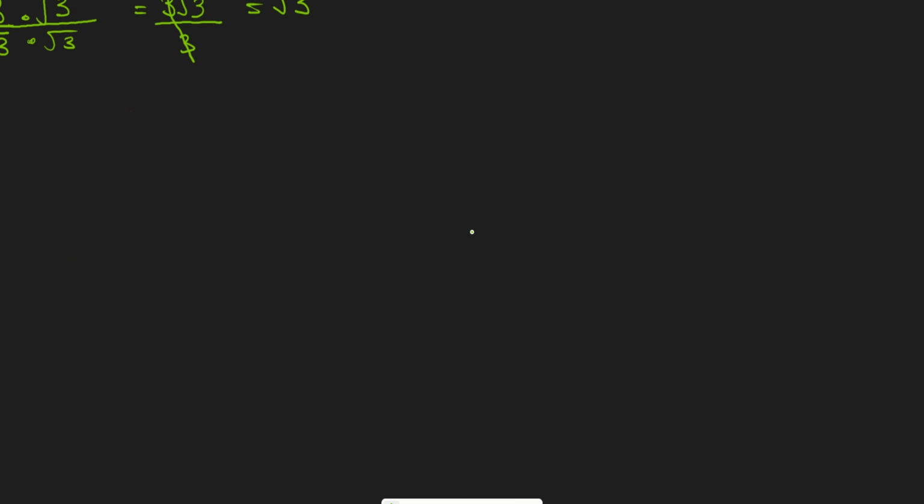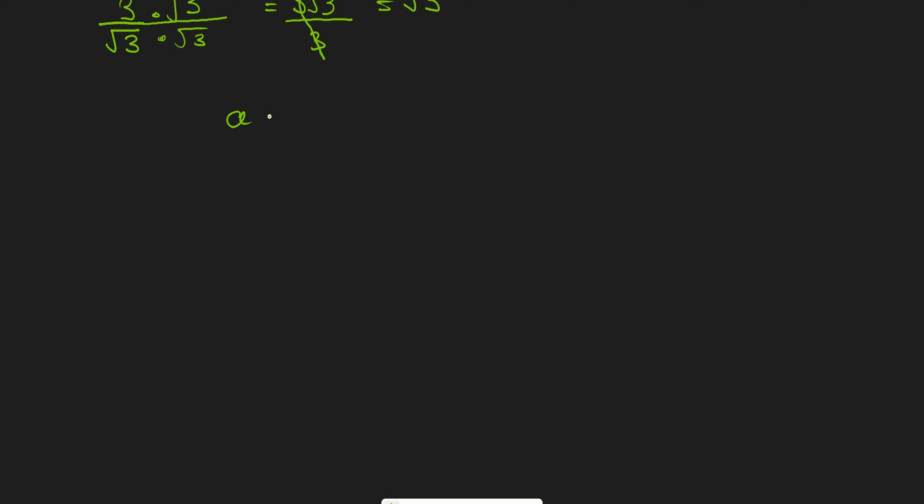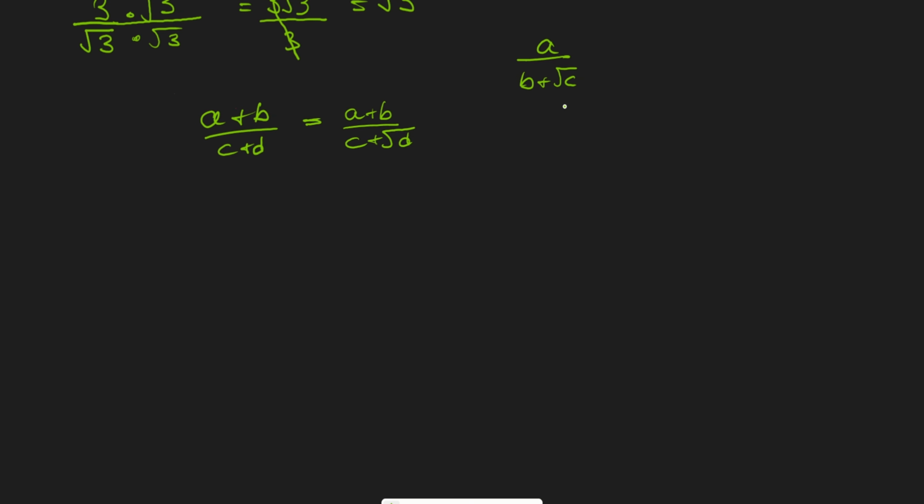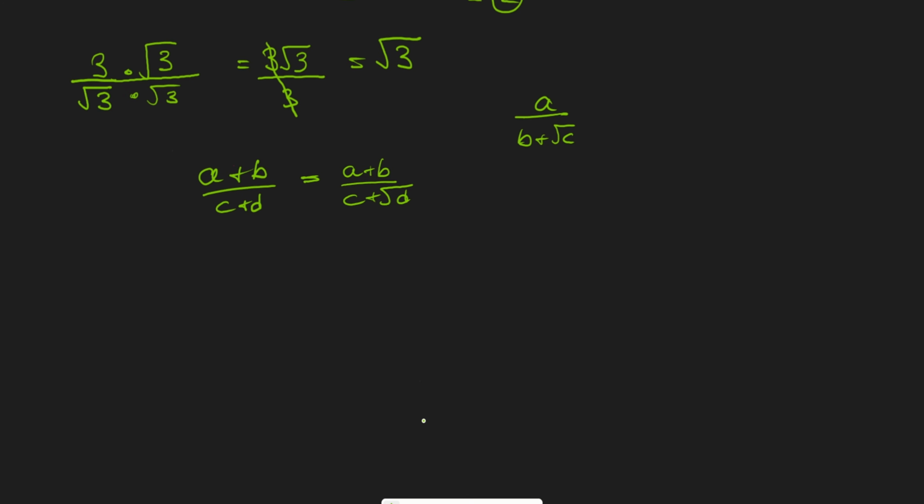Now sometimes you can also get fractions in the form of a by b plus c, or sometimes in the form of a by b plus root c. So let's consider a fraction in the form of a by b plus root of c. Let's take 2 by 4 plus root 5.